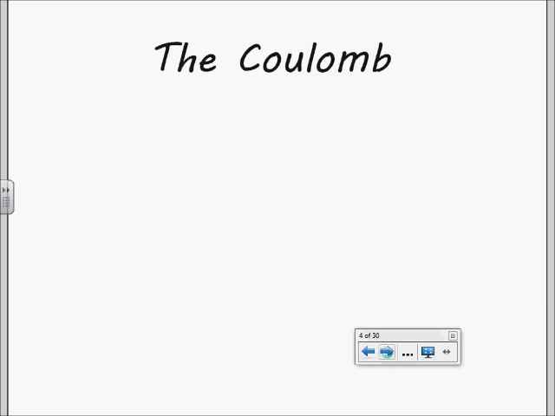All right, the Coulomb. You're told in the learning outcomes that you need to be able to define electric charge and also to define the Coulomb.